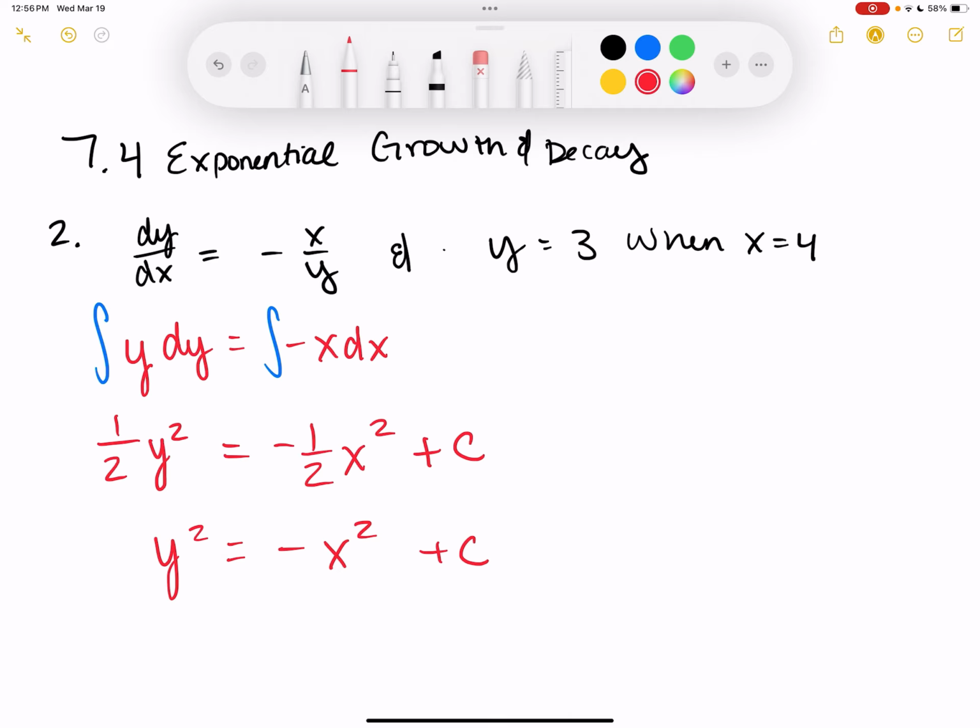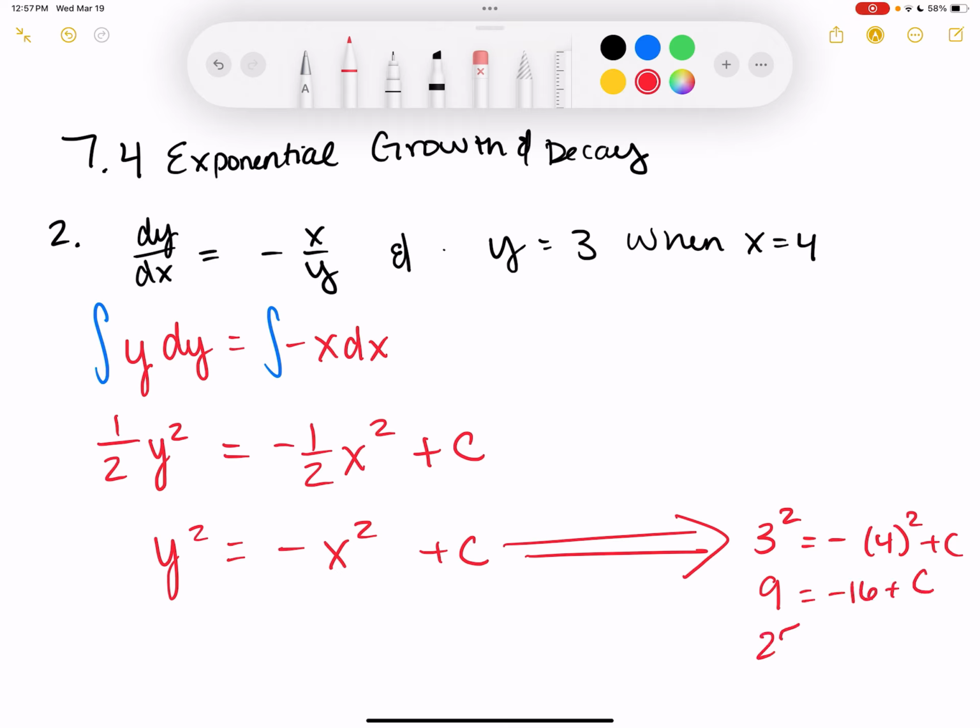Now I need to solve for c. So when we multiply by 2, we don't do that to the c? It only goes on the stuff. The c, because the c is a constant and we're going to end up solving for that. Okay. So 3 squared equals negative 4 squared plus c. So 9 equals negative 16 plus c.